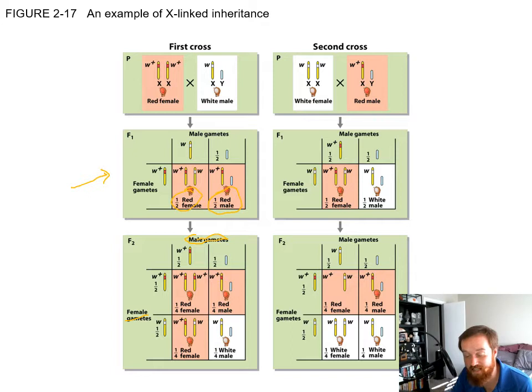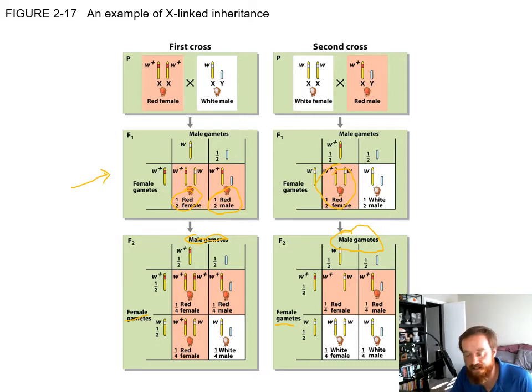Now, if we take the second cross, where we have white males, and we cross them to these red heterozygote females that we put over on this axis, we see that we get that similar 1-to-1 ratio that we saw from the pea plant test cross, the homozygote recessive that we saw in Mendel's example.